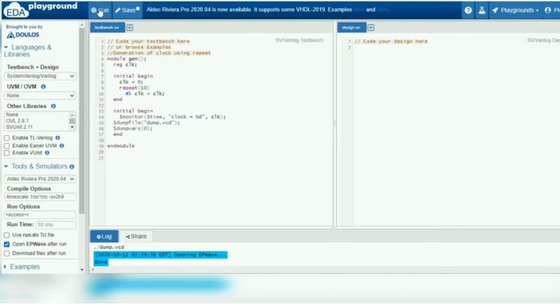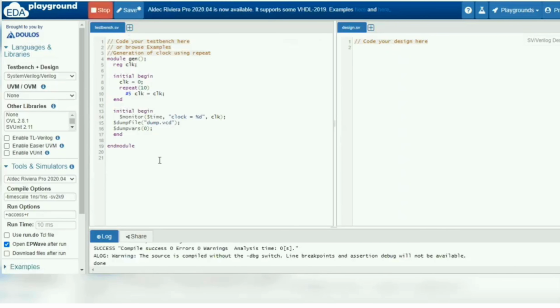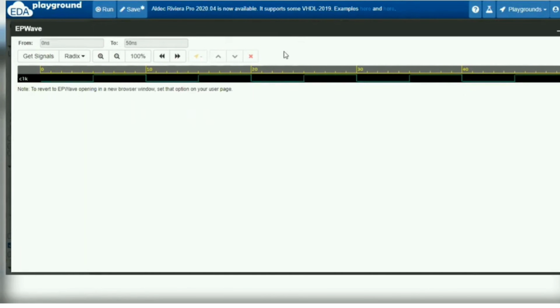Now we'll check. Here we can observe the waveform using the repeat block. We are repeating 10 times. Each clock period is 10 time units. Here the half duration is 5 time units, T by 2.